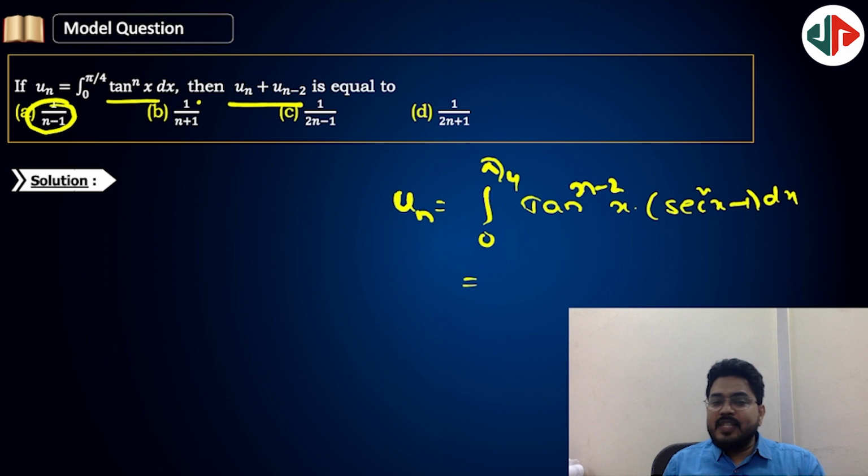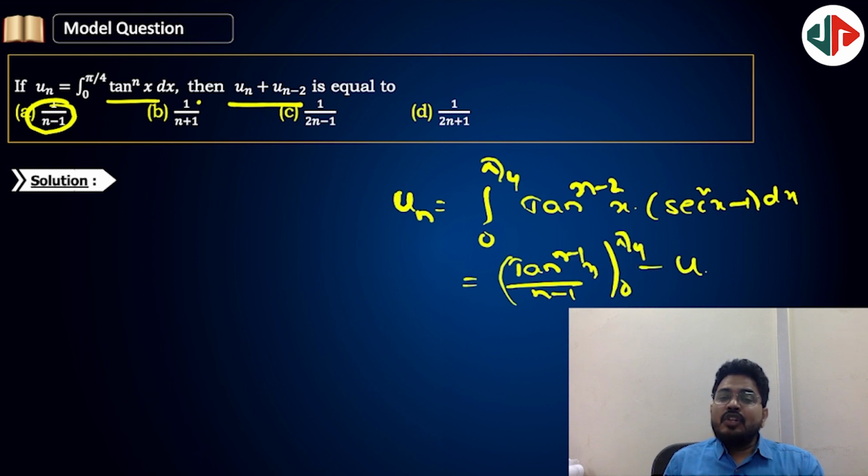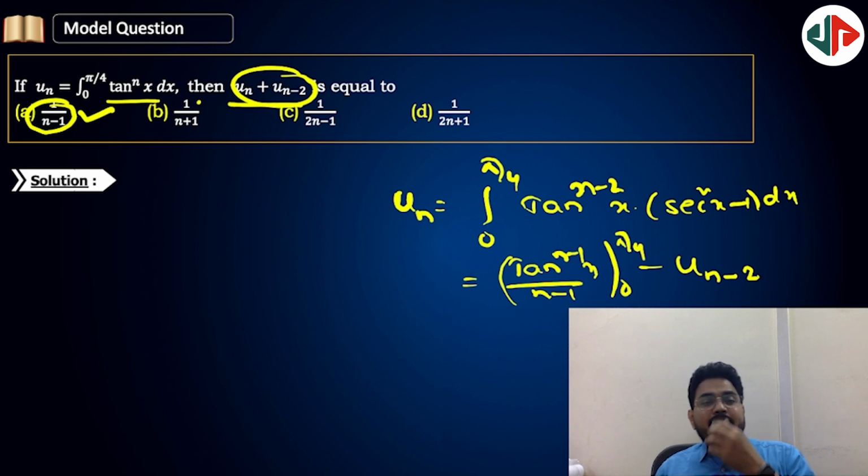So when you write this, this value will be tan power n minus 1x by n minus 1 over the limit 0 to pi by 4, minus un minus 2. So un plus un minus 2 value is always equal to 1 by n minus 1. Okay.